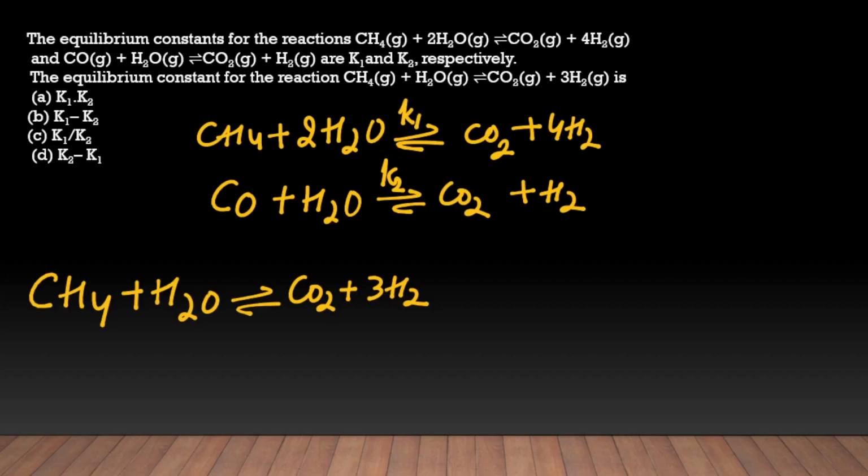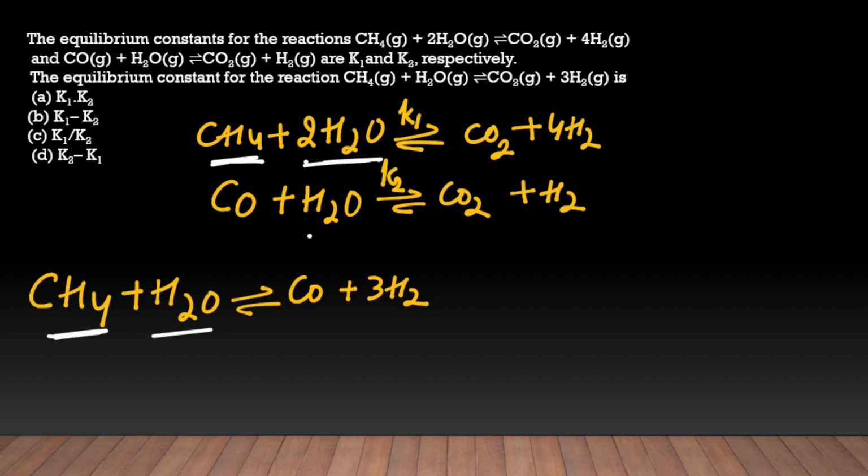For the desired equation, if you see, we need the methane that is present on this side. We need this water, that is one water we need. So here if I subtract this equation and this equation, I'll be getting CO and the hydrogen. So in the final answer it will be CO plus 3 hydrogen. Instead of the CO2 it will be CO. Okay, so make this correction.